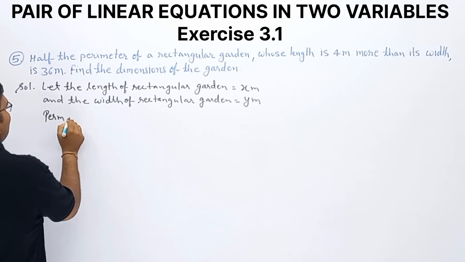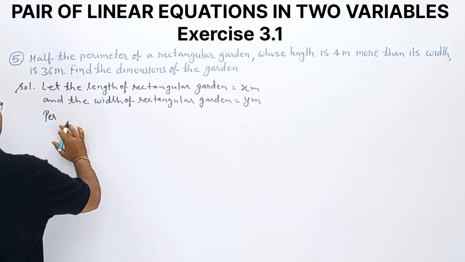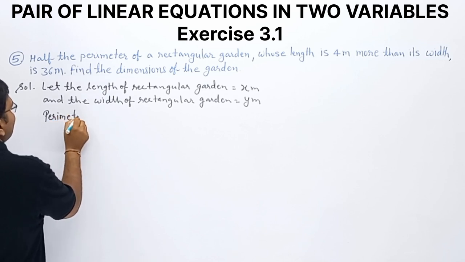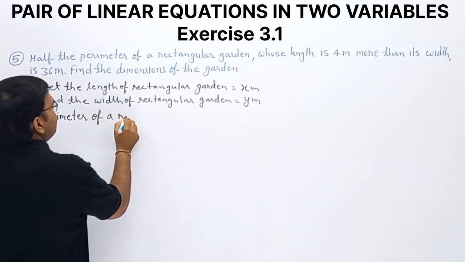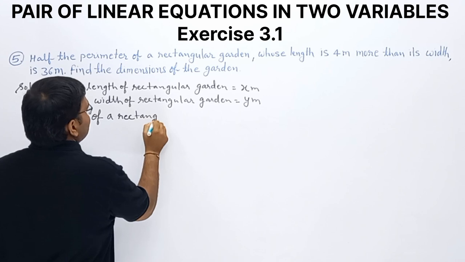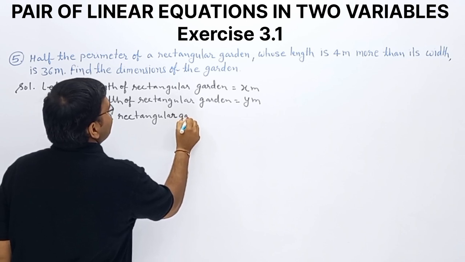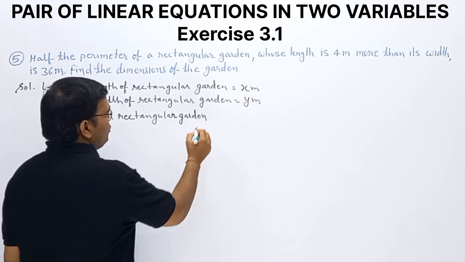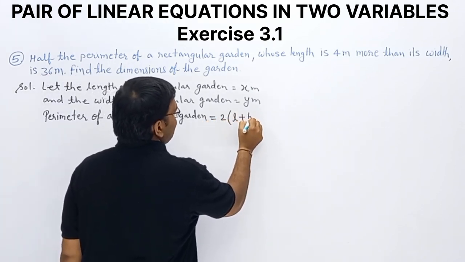Perimeter of the rectangular garden equals 2 times length plus breadth.